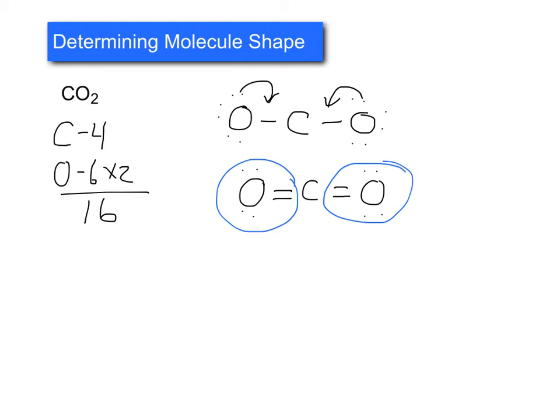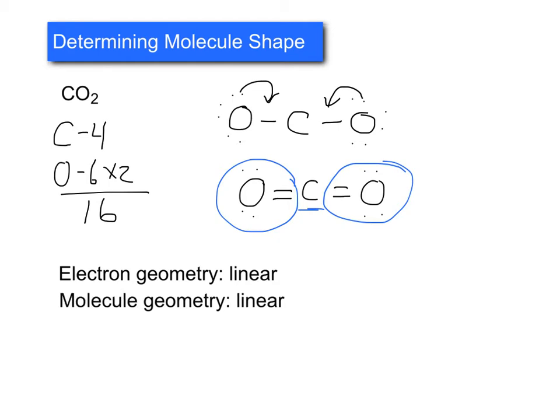We're only looking at the central atom, which is carbon. So carbon has 2 electron groups, which means it's going to have a linear electron geometry. And since it has no non-bonding pairs, the molecule geometry is going to be the same as the electron geometry. So carbon dioxide is linear.